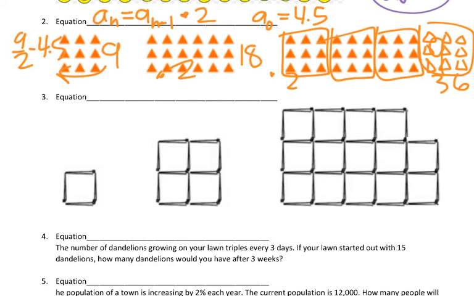There wasn't enough there. Okay, now number 3, we're not counting boxes here. We're counting how many sides. So we've got 4 sides in our first term. 12 sides here.